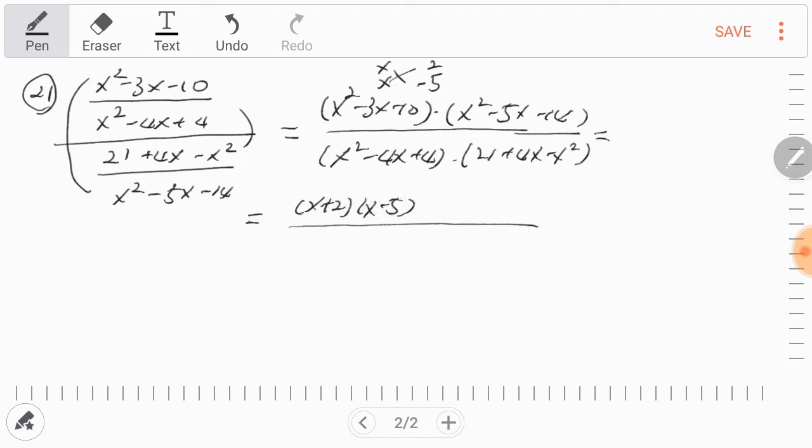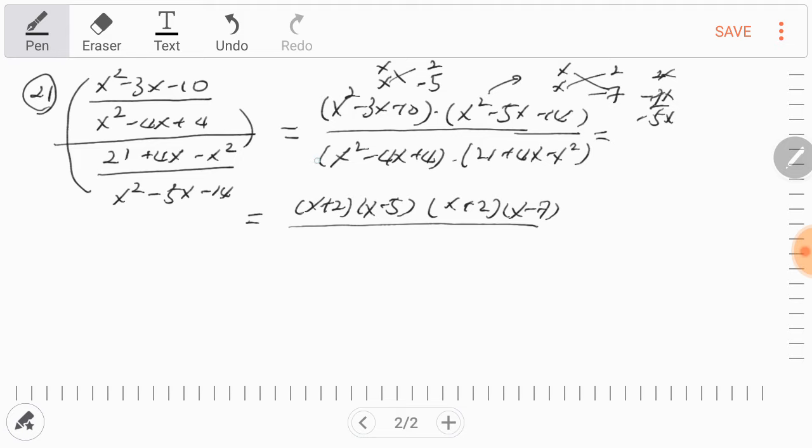Okay, this trinomial is x times x, -14 is 2 times 7, and put the negative sign on 7. So this is 2x, this product is -7x, so positive 2x minus 7x gives -5x. So the expression is a product of x plus 2, x minus 7.